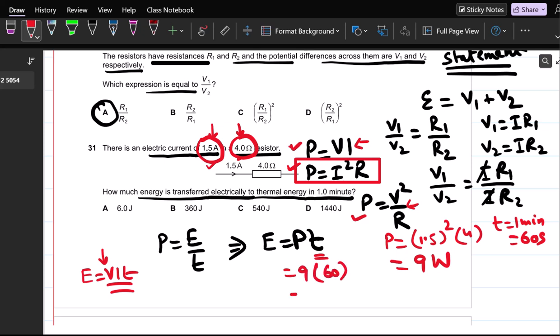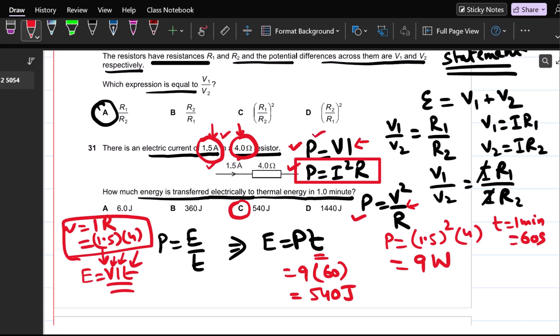You can get 540 joule. So C is correct. अगर आप बेटे ये यूज करते हैं वोल्टेज फाइंड करने के लिए, करंट टाइम्स आर मींस 1.5 टाइम्स 4, फिर आप वो वैल्यू वोल्टेज की यूज करेंगे, फिर करंट की यूज करेंगे, फिर टाइम की आप फाइंड कर सकते हैं. अगर आप वोल्टेज फाइंड कर लेते हैं, आप पावर भी फाइंड कर सकते हैं, whatever approach you find.